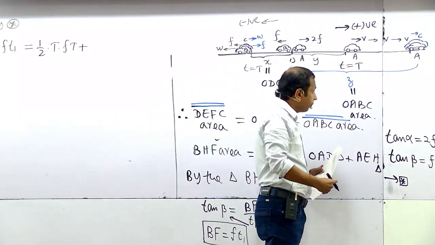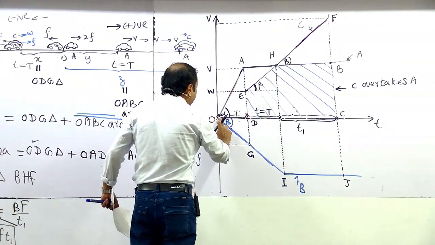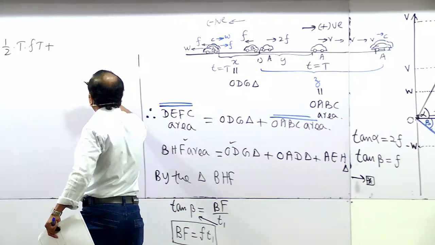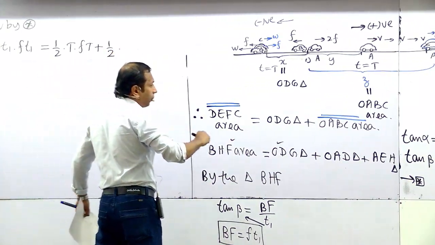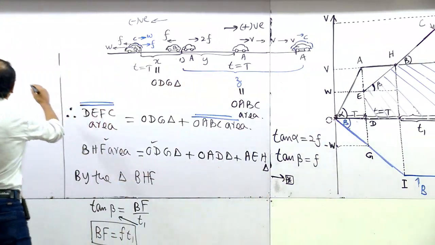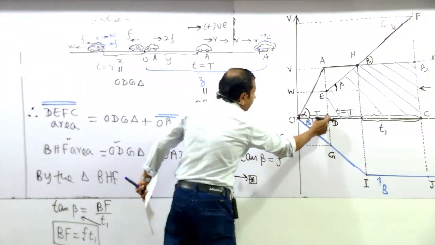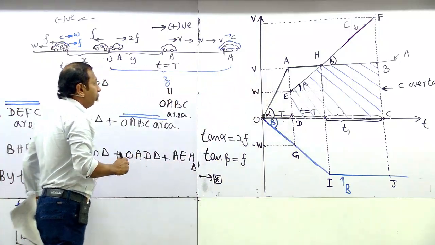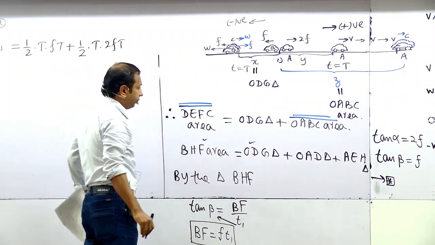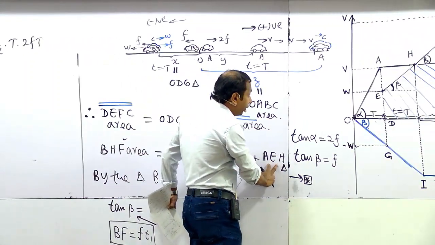OAD area: half base into perpendicular height. Base is T. Perpendicular height, this V, we found to be 2FT. That's also correct. Next one, the AEH area.